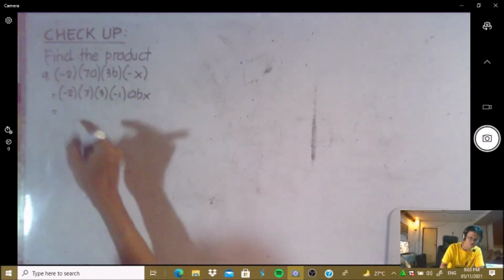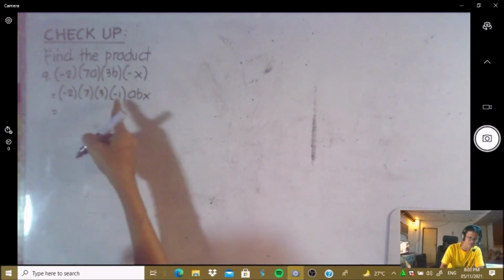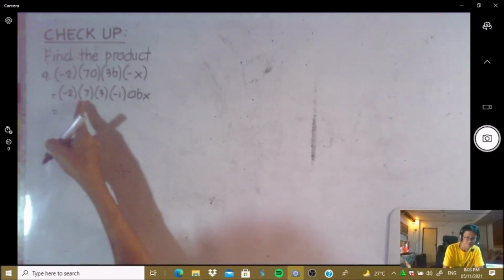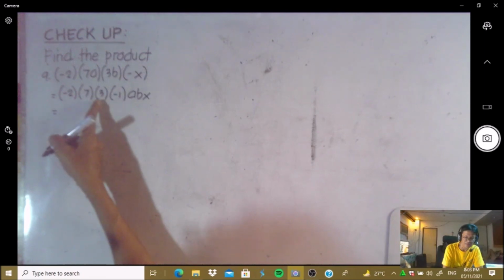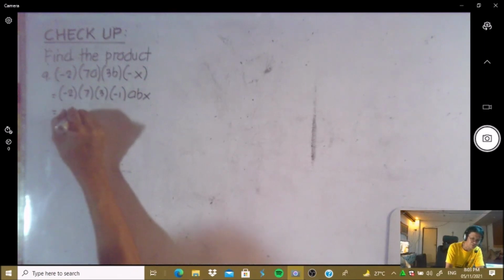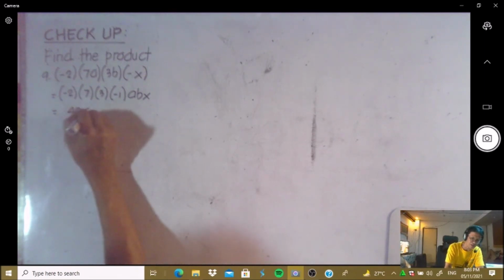And therefore, we have negative, positive, positive, negative. Therefore, we have a positive answer. And that is equal to 7 times 2 is 14, times 3 is 42. So we have 42abx.